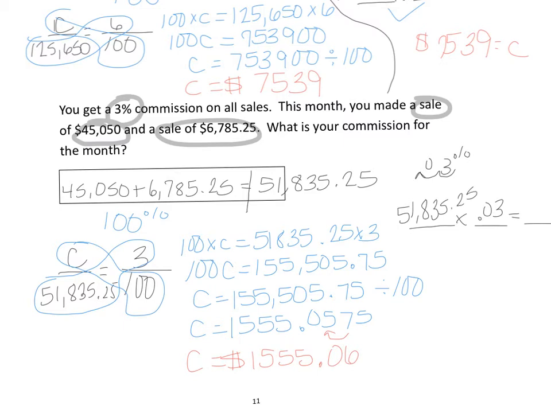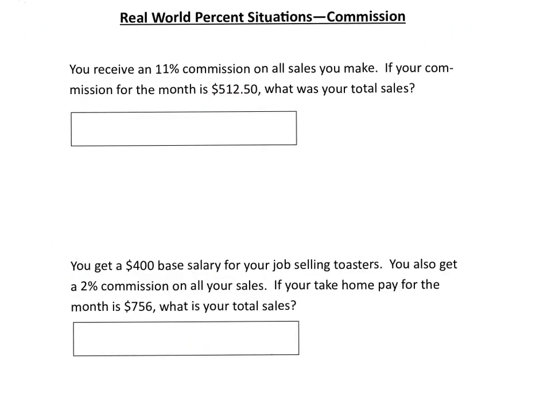And we don't know the part, which is the commission. And so all we have to do is multiply $51,835.25 by 0.03, round again, and you'll end up with the $1,555.06 for the commission for the month.